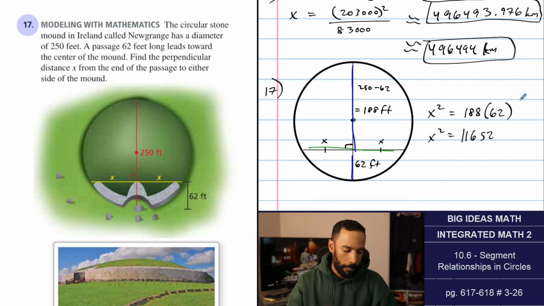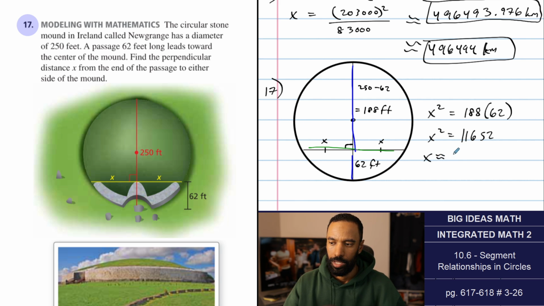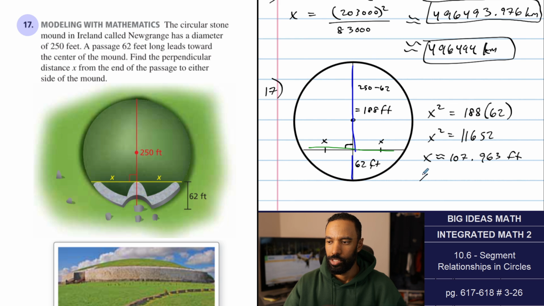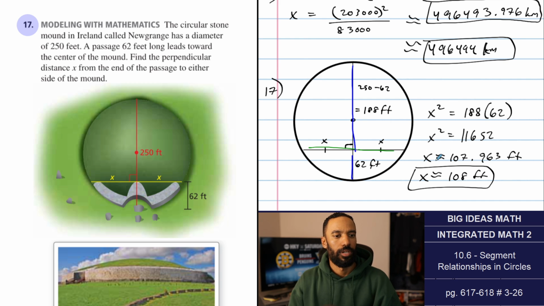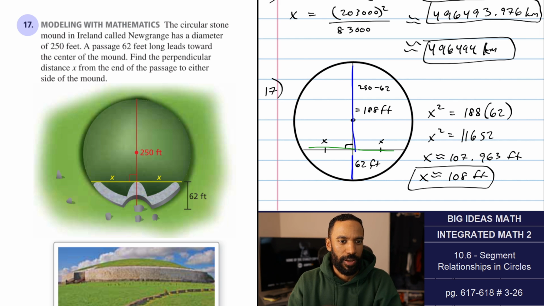No, it's not 144. It's 107.962, so 107.963. This is feet. So I'll say about 108 feet. I don't know what they want us to round to. All right, that's 17. Let's move on to 18.